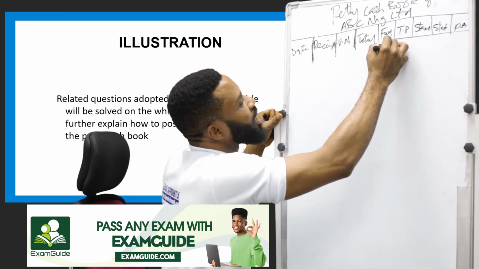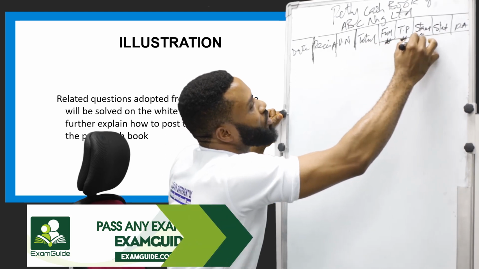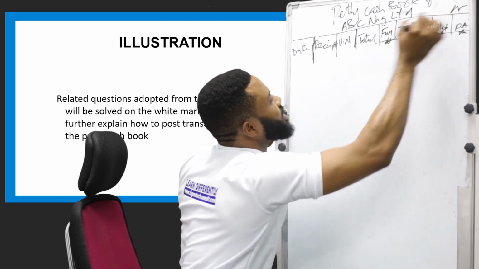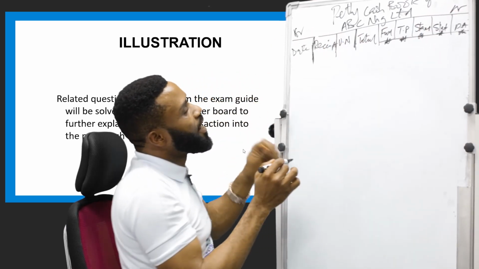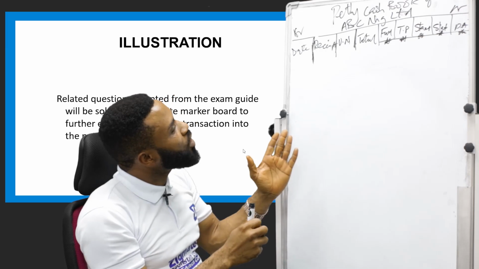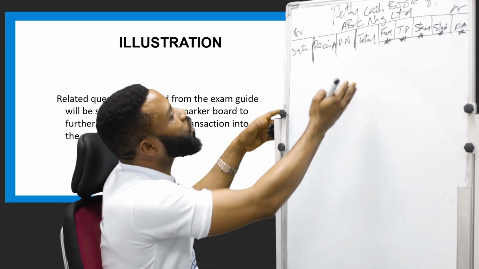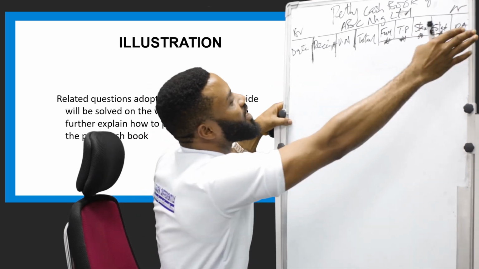So these are the divisions. You see, these are the divisions. This is the credit side and this is the debit side. Now ask me, what is the difference between the debit side and the credit? Because if you look at it now, it's looking like a straight account.